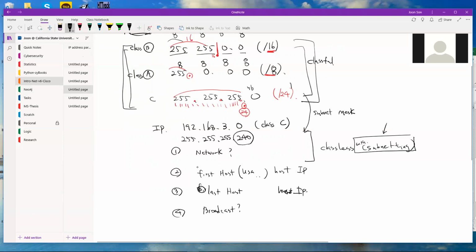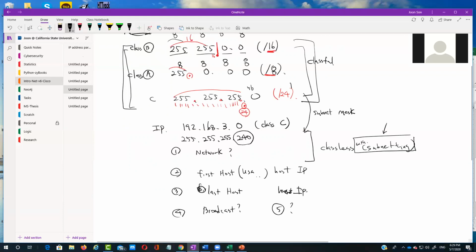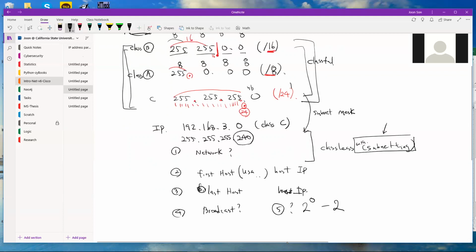and then number 5, what is the number of usable host IP addresses? Then it's 2 to the something power minus 2, and this is the number of bits used in the host portion.